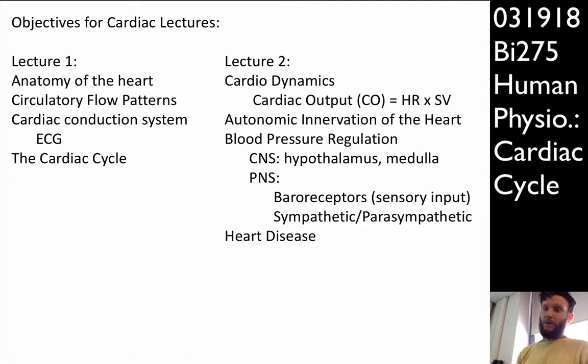And I'll talk about how this is regulated with the autonomic nervous system. And then I'll talk about blood pressure a little bit and how that is regulated by the central nervous system and the peripheral nervous system. If I have time, I'll talk about heart disease. So the way things go with me, I probably won't get a chance to. We'll see.